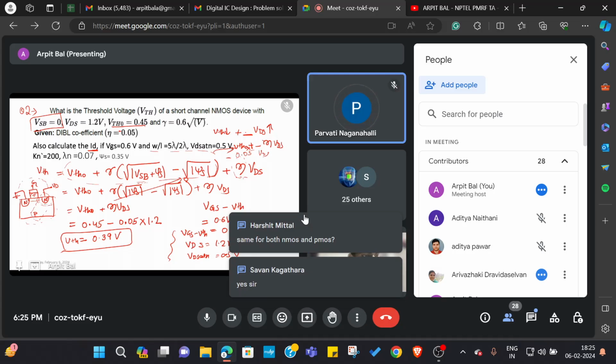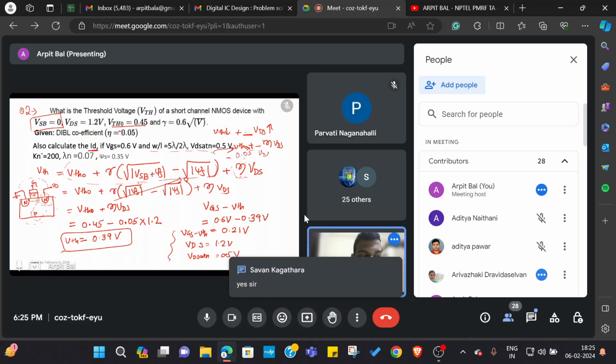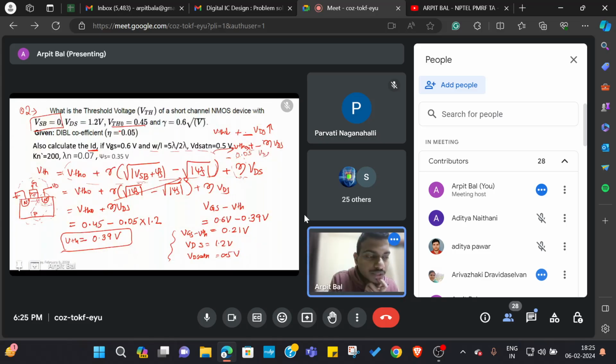Yes, sir. Okay, then another student asked me a question: in case of PMOS, if VDS increases. Consider this to be a PMOS, so this will be P plus, N and P plus, right? Now if VD is going to increase, if VDS is going to increase, then instead of reverse bias, this is going to be a forward bias, right?